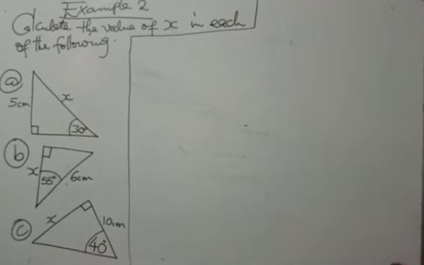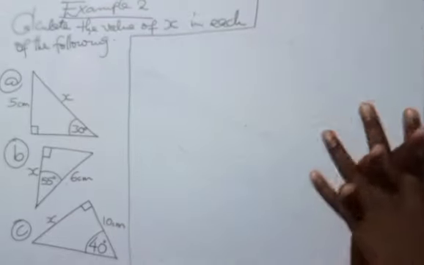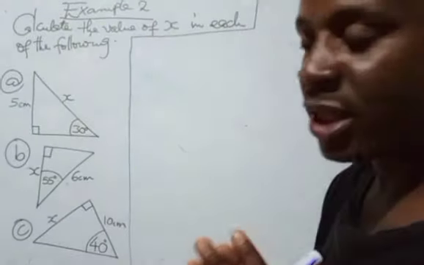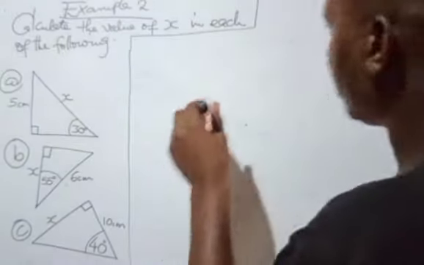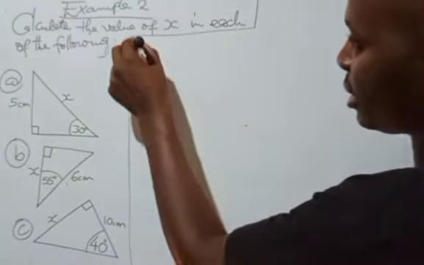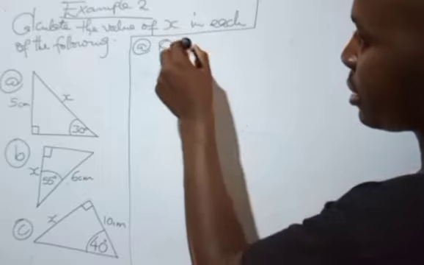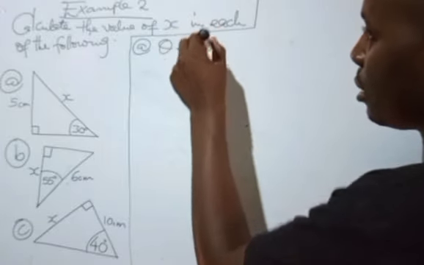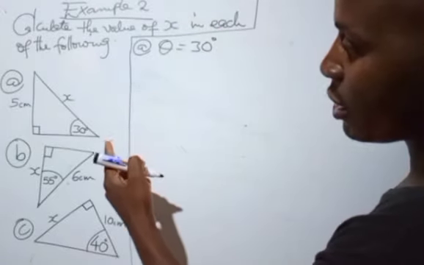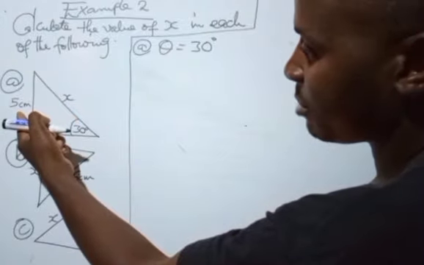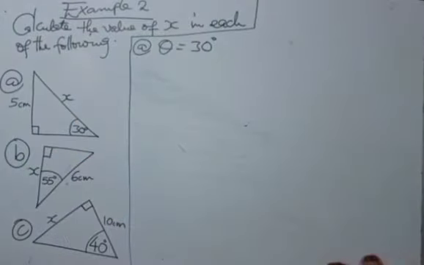So for question number A, we have to identify the theta we have been given. The theta given is 30. Now, what else have we been given? We have been given 5 centimeters. Is it hypotenuse, adjacent, or opposite?